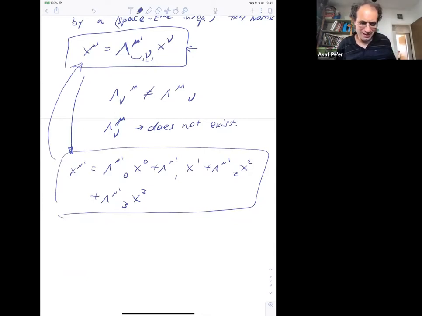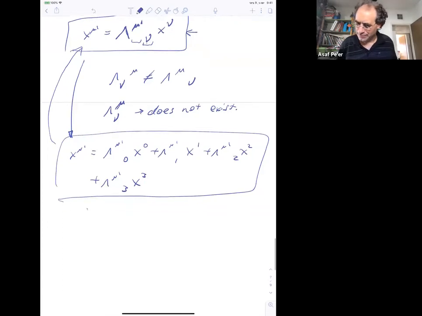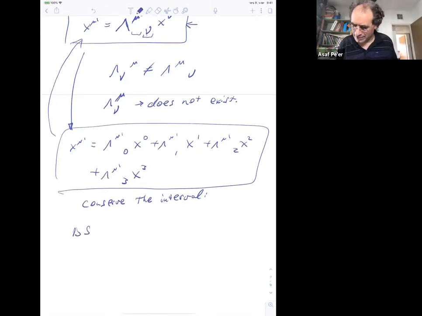Okay, so this is just a notation right now. What we said is that physically what we require from a transformation to be a Lorentz transformation is that it needs to conserve the interval. So if I go to the interval, delta S prime, what is delta S prime?